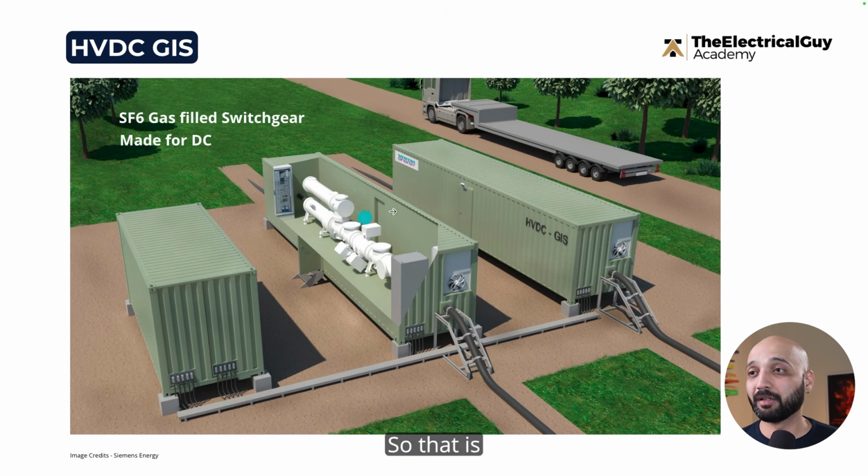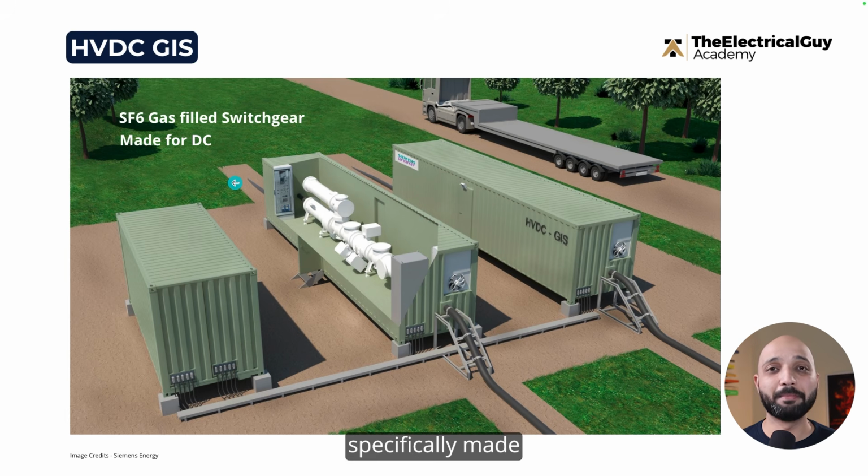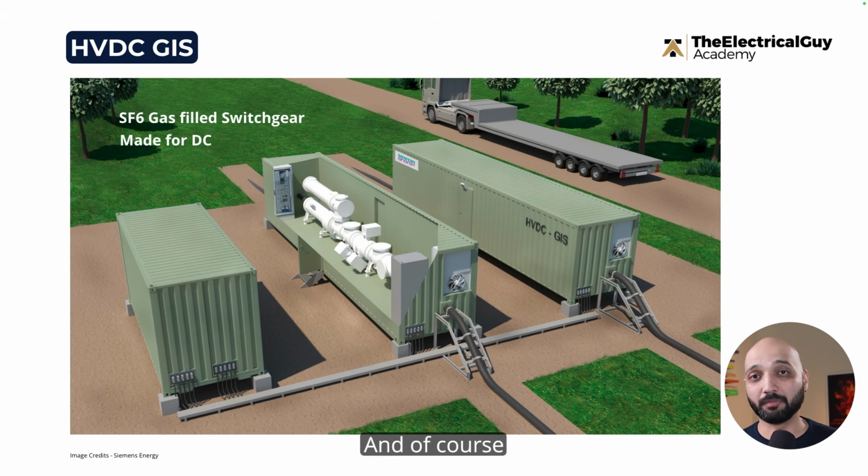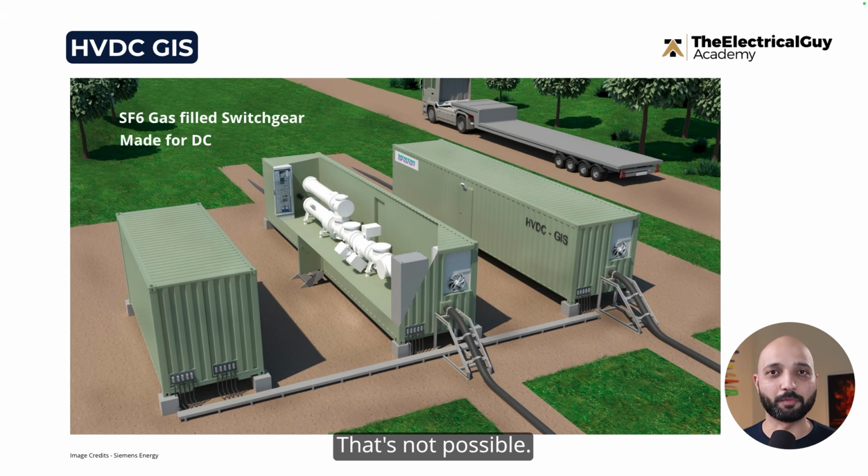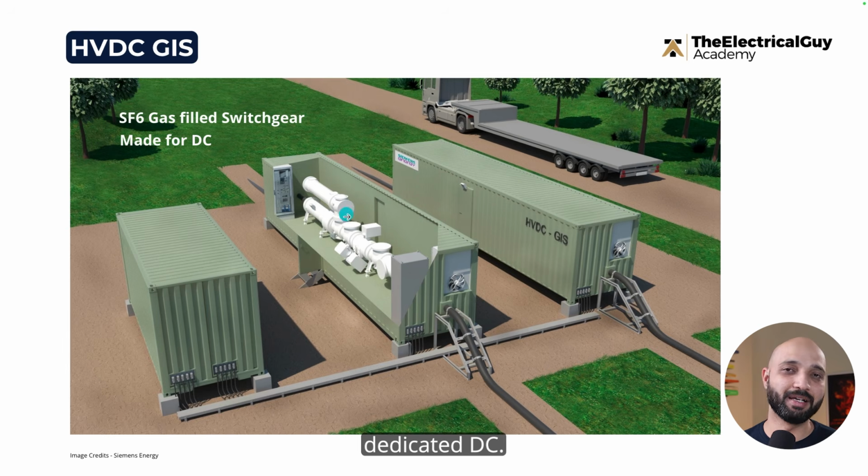So the switchgear is filled with SF6 gas, and it is specifically made for a DC supply, not AC. And of course, you cannot bring in the AC GIS and use it for DC. That's not possible, right? So you need a dedicated DC. And what you can see is the containerized solution offered by Siemens Energy. So that is the HVDC GIS.